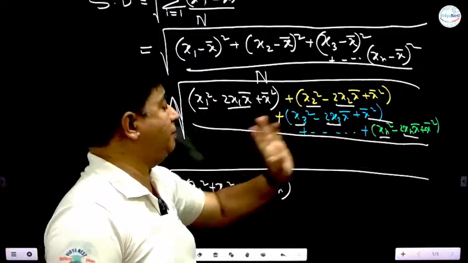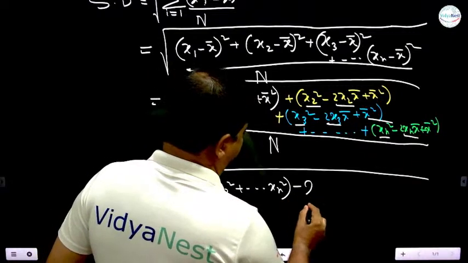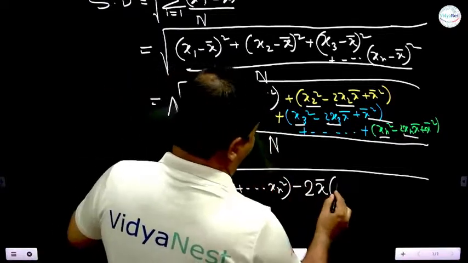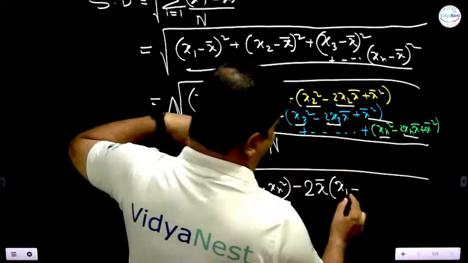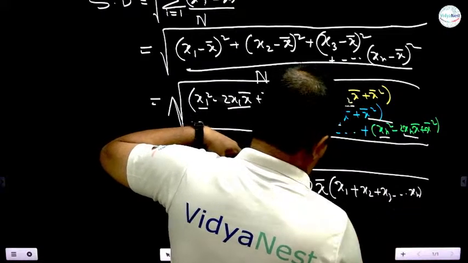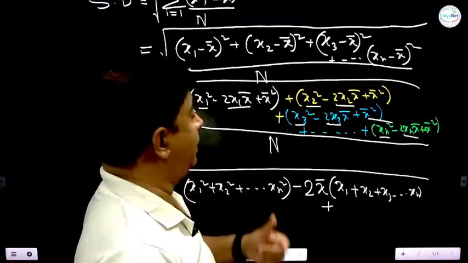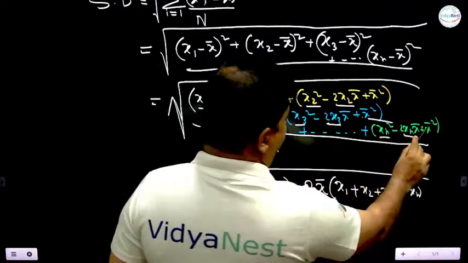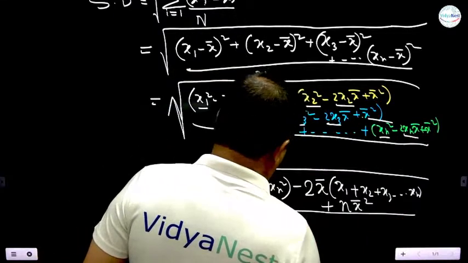On from each 2ab term you take minus 2x bar common. If you take that, what will be left for you? क्या रहेगा? इसके लिए x1 रहेगा. ये तो हम माइनस भी कॉमन ले लिया, इसीलिए माइनस प्लस हो जाएगा. x2, x3, xn प्लस. नाउ काउंट करना है कि x बार स्क्वायर कितना टाइम रिपीट कर रहा है. x बार स्क्वायर 1 plus 1, 2, 3 times, n times, by n.